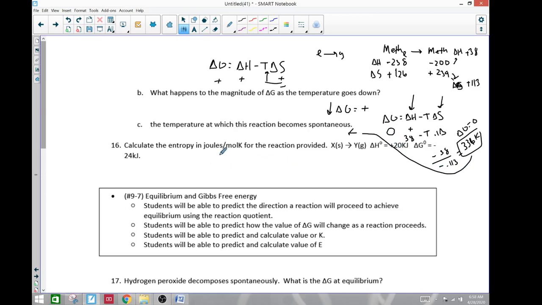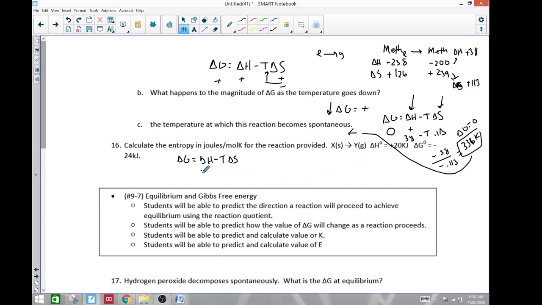Calculate the entropy in joules per mole per Kelvin for the reaction provided here. So we have a reaction, delta H equals this, delta G equals that. So this is another way of solving for delta S. Delta G equals delta H minus temperature times delta S. The delta H is positive 20, it looks like.